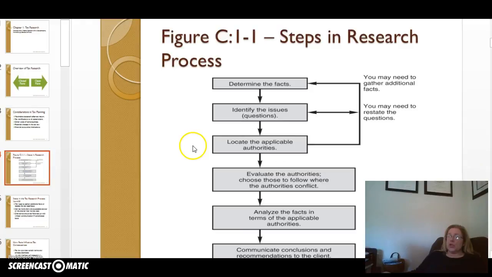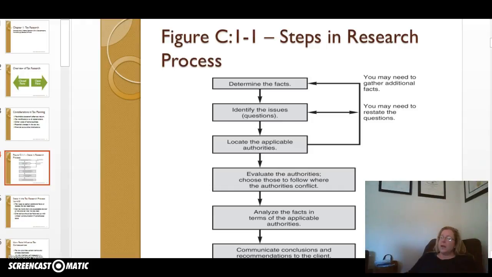So when you're doing research, the first thing you have to do is determine the facts. You may need to gather additional information, and then you need to identify the issue. What's the question? What is the problem? And then next, you will want to locate the applicable authorities and then evaluate the authorities and choose those to follow where there is a conflict between the authorities, which one has the priority.